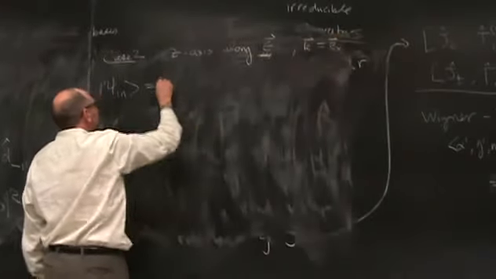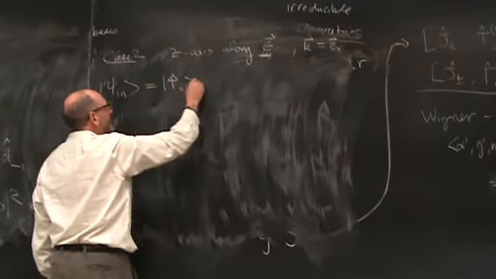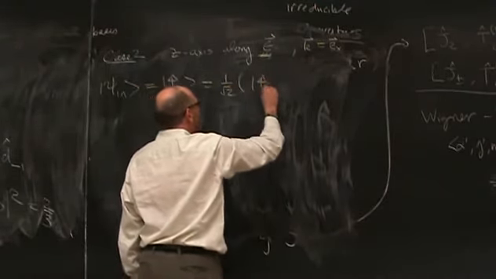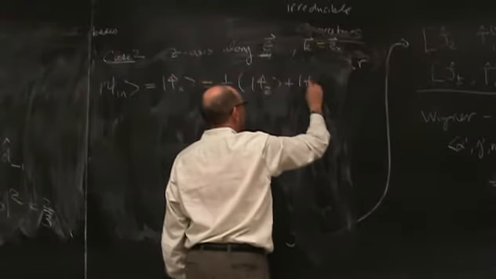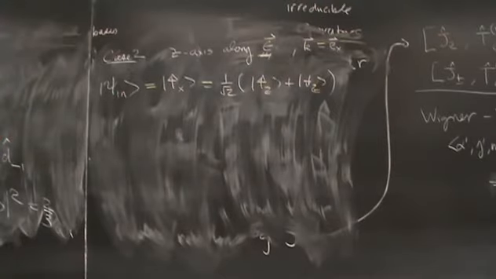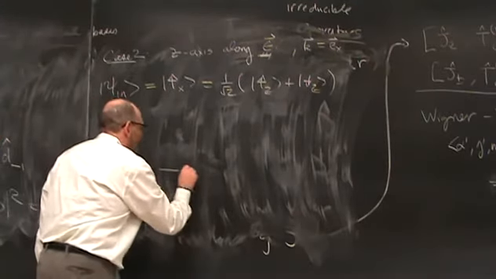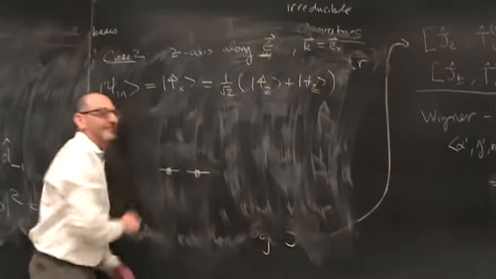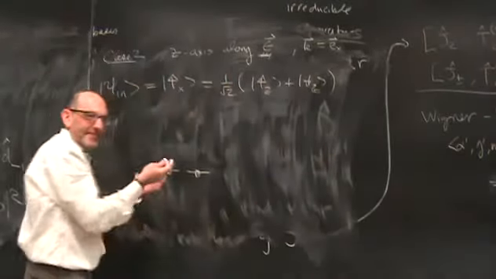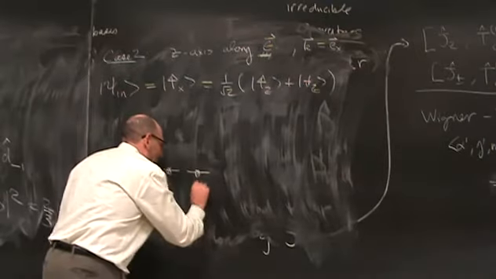So this is spin up along x, which is a linear combination of spin up along z and spin down along z. Right? So the atom starts in this superposition state. But it's just in a different basis. It's the same state.